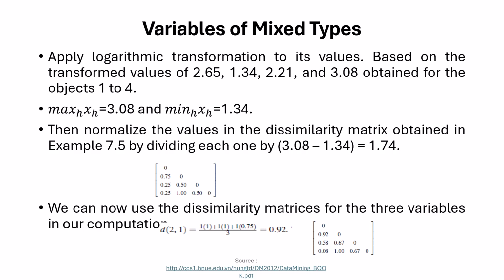Max h Xh equals 3.08 and the minimum value is 1.34. Then normalize the values in the dissimilarity matrix obtained in the given example, dividing each one by 3.08 minus 1.34 equals 1.74. Now we can use the dissimilarity matrices for the three variables as shown on the screen.